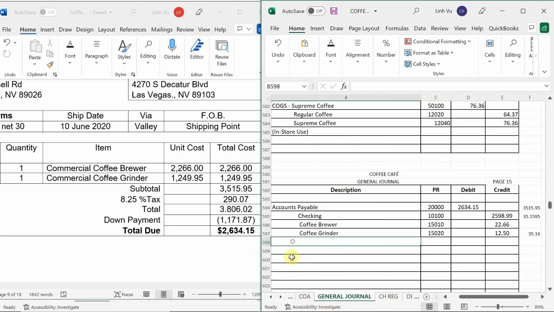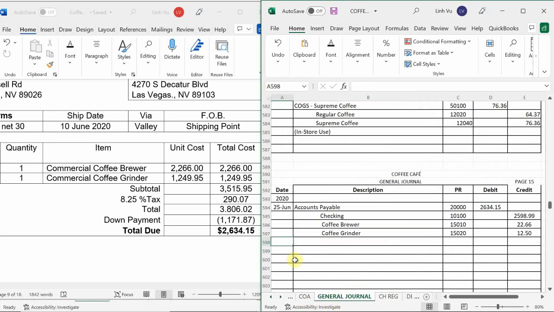Okay, so we have all the information that we need to finish off the description here. So first off, the vendor. Who is the vendor? What invoice were we paying off?